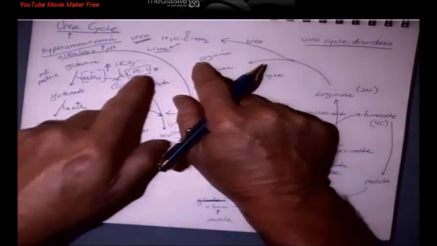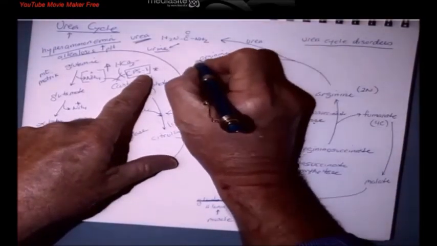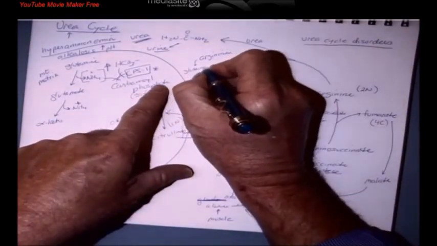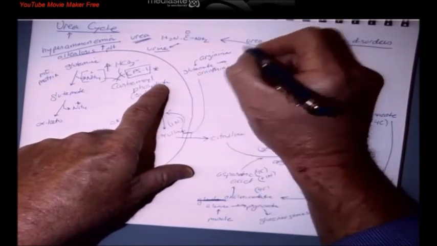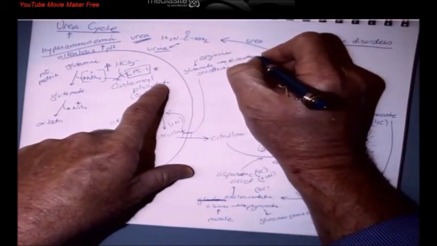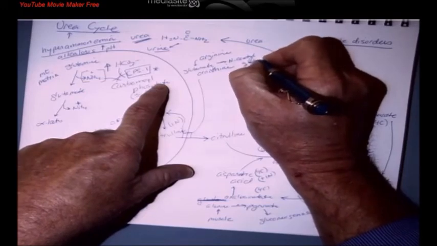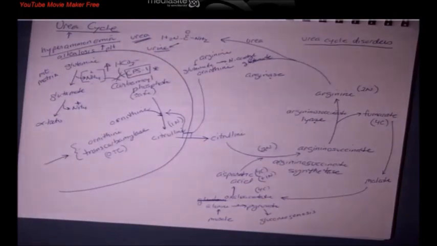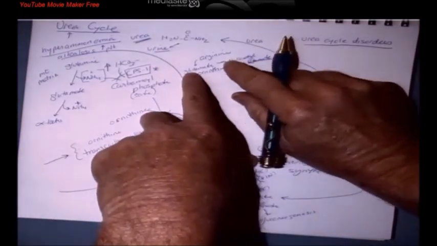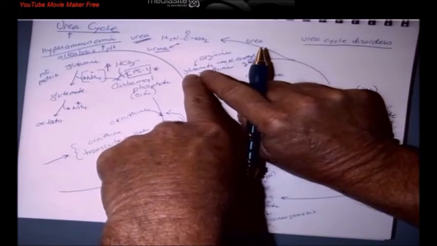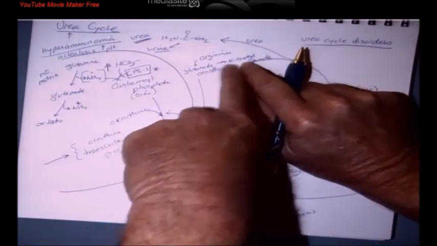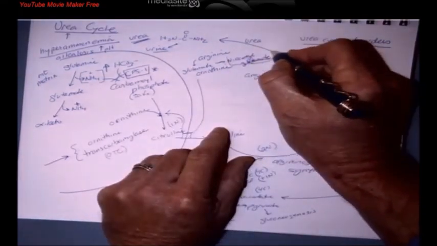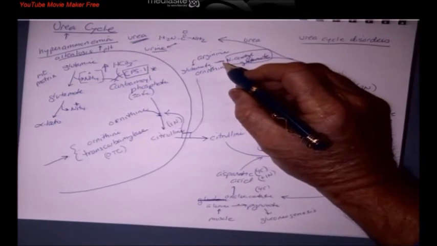Arginine is going to activate the conversion of glutamate to N-acetylglutamate. So arginine activates the enzyme that takes glutamate and acetyl-CoA and converts that into N-acetylglutamate. So it's sampling the arginine concentration.